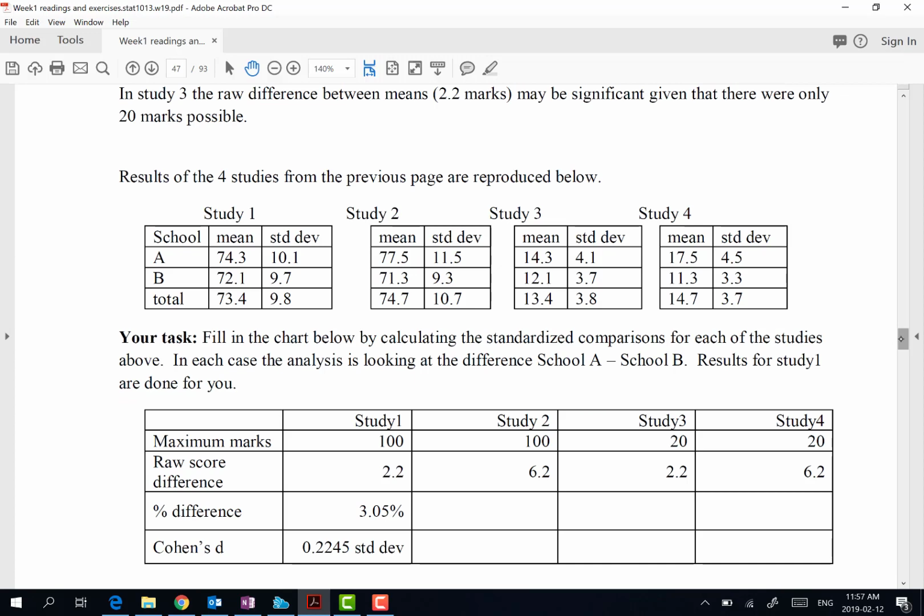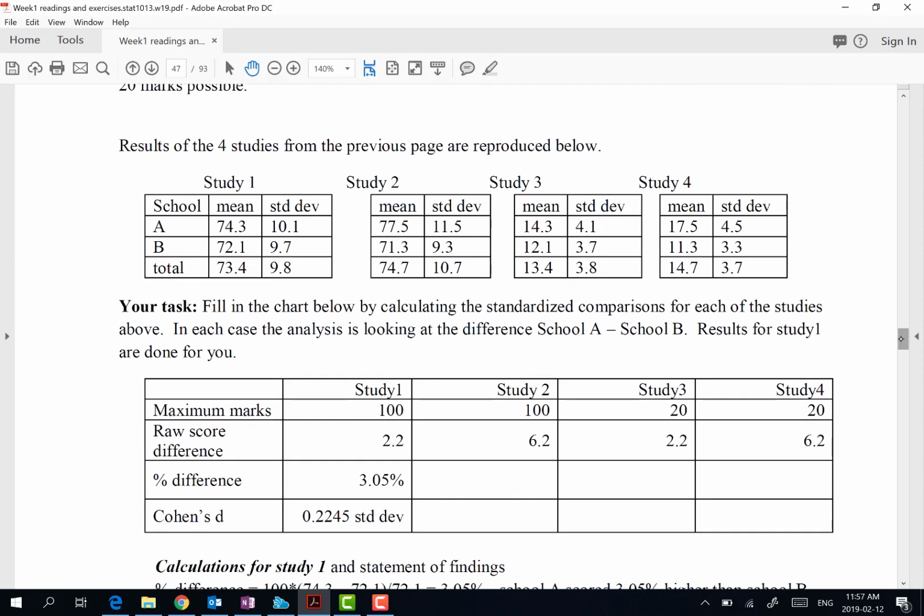So what we're going to do here instead, I filled in the table for the raw difference, right? This is mu1 minus mu2. And now we're doing mu1 minus mu2 over mu2 times 100 to get this percent.